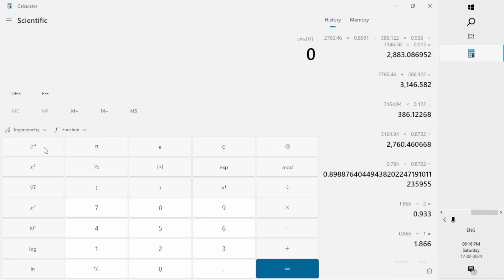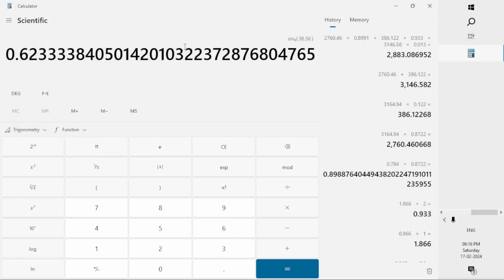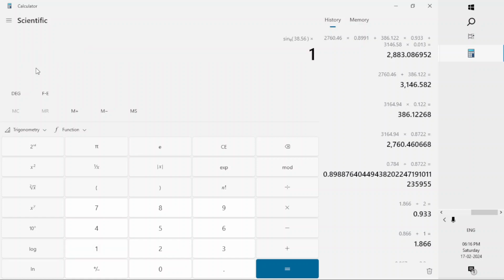So sine of 38.56, this is the angle of incidence that is falling onto your flat plate collector, is 0.623, into 1, that is the refractive index of the incident medium. For air, the value of refractive index is 1.